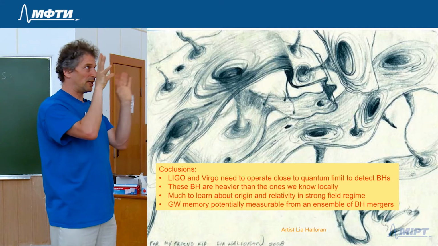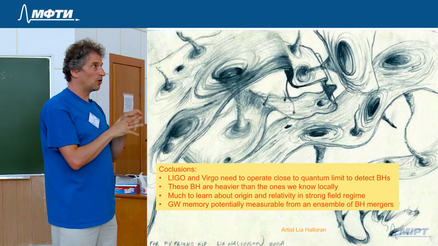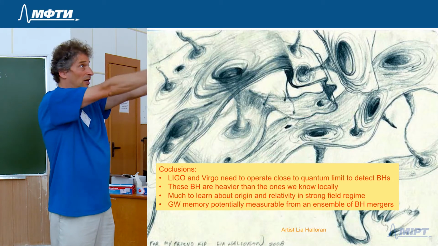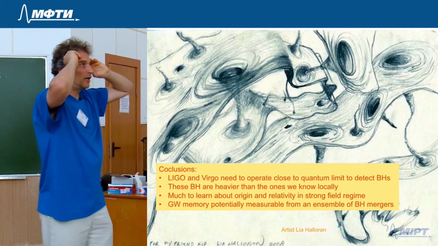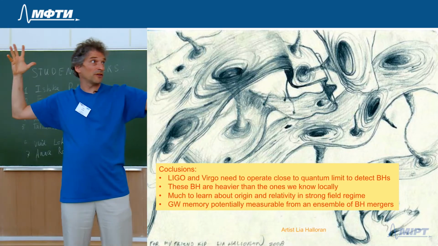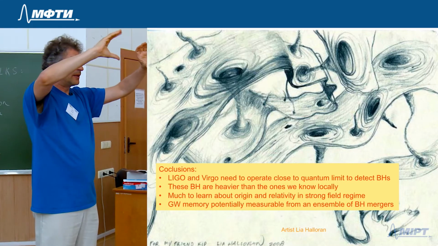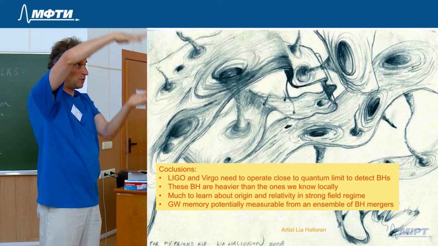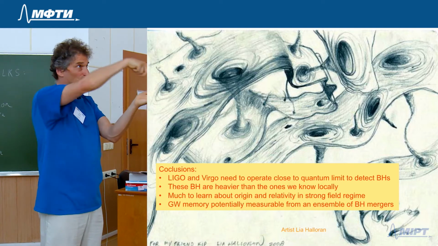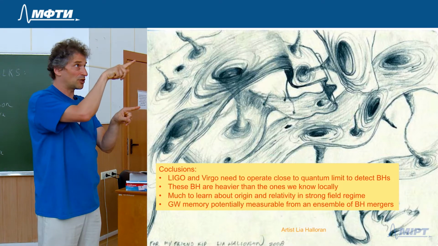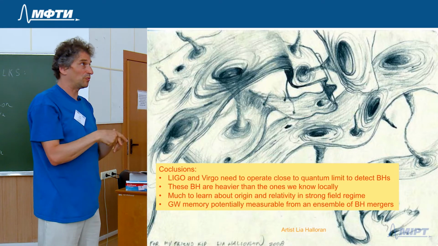And gravitational waves always have this feature that they are transverse. For example, if you have a spherical cloud of particles and a gravitational wave coming from some direction, the distortion of this cloud will be only in directions perpendicular to the direction of propagation.